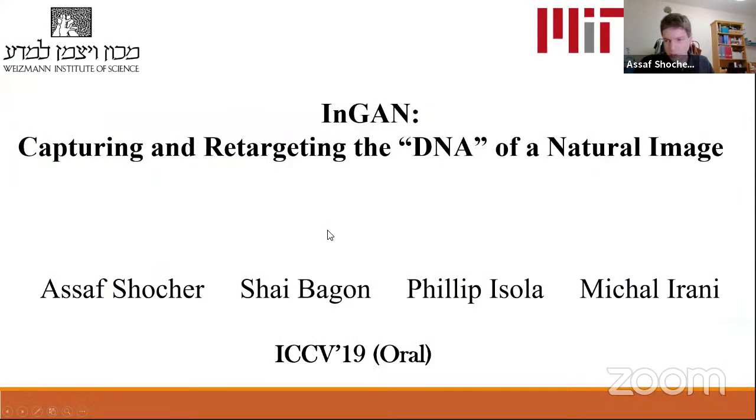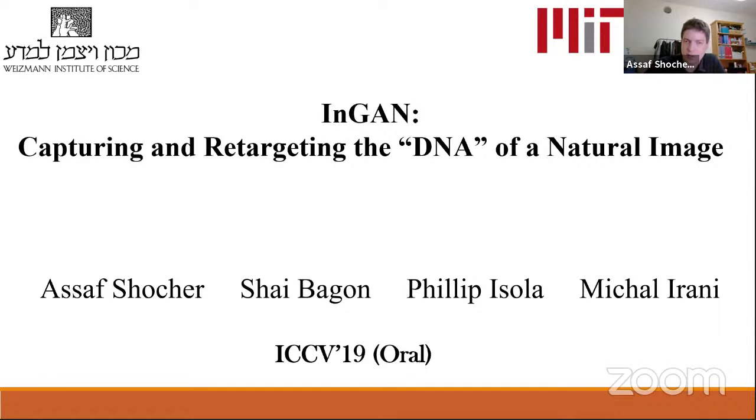Great. So the next thing we were after: everybody was doing GANs, everybody was using generative adversarial networks, and we thought that we could really use this internal approach together with generative adversarial networks, with the goal of capturing what we refer to as the DNA of a natural image.